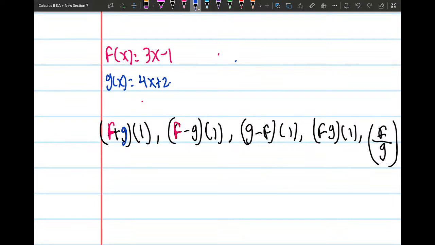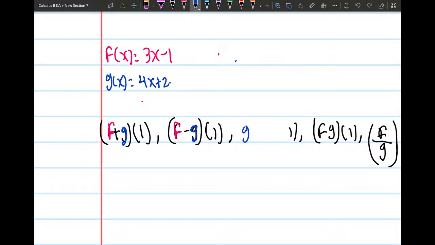I'm just color coding for you guys so that y'all know what I'm doing. F minus g of 1, let me write it down, guys, sorry.